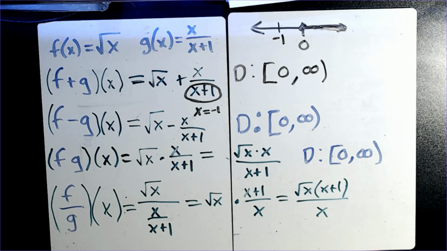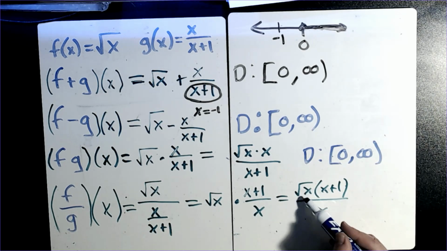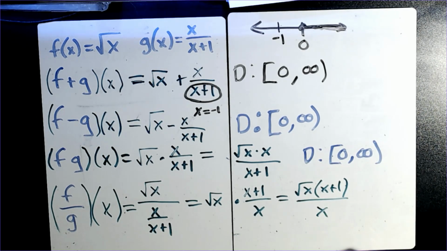Is there anything that can go wrong here? Well, we still can't have negatives in our answer, because we can't take the square root of a negative. Now let's look at the denominator of our fraction. Notice there's an x in the bottom now, so we can't have 0.